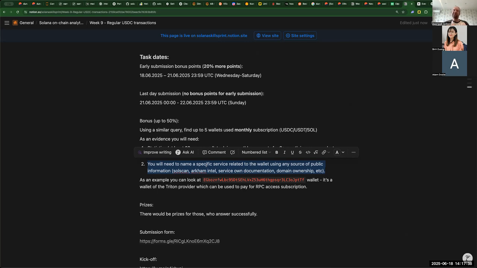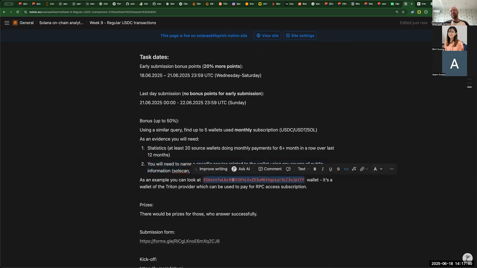For example, here, if you go to this wallet, you see that it owns Solana domains for Triton. So you can be sure that this is exactly one of the wallets of Triton, and it's also used for payment.